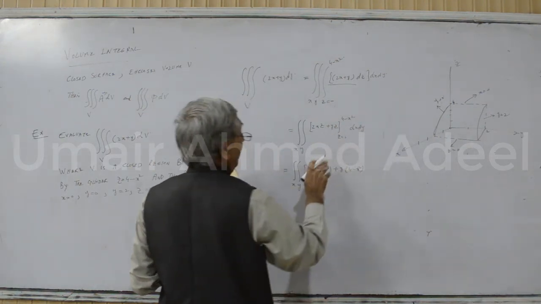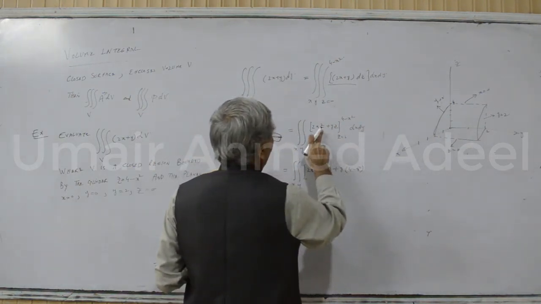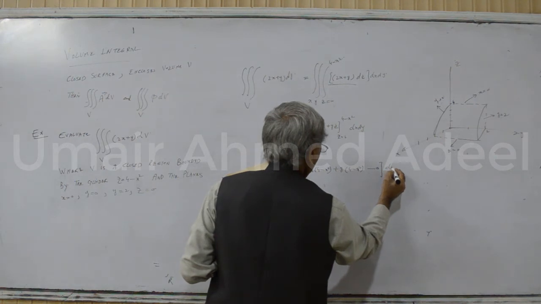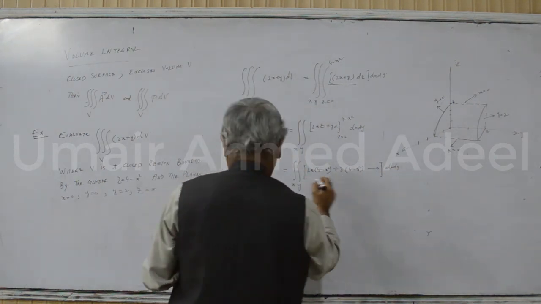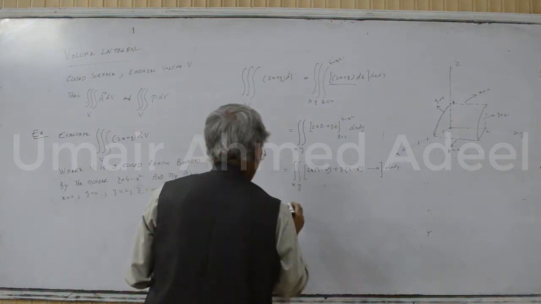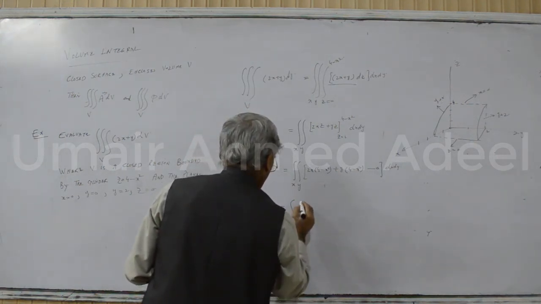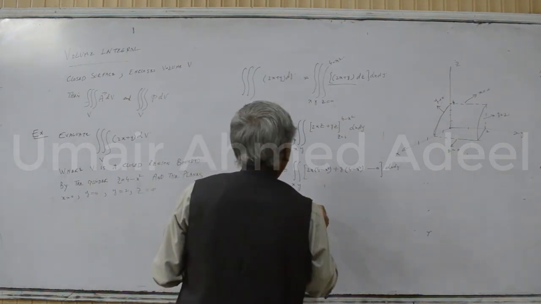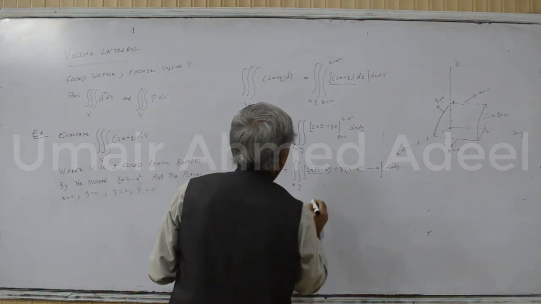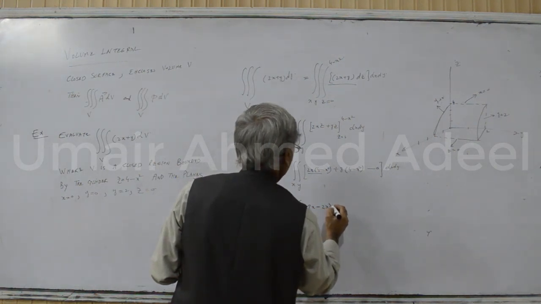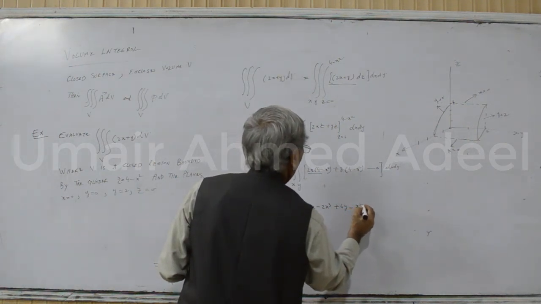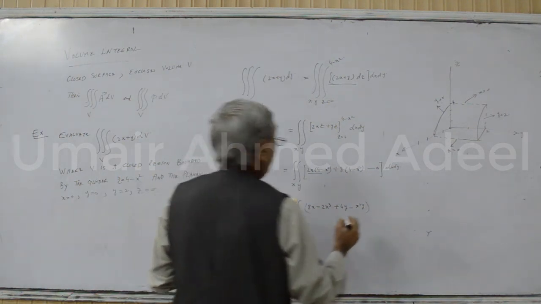This is the upper limit. The lower limit is z is equal to 0, so minus 0, no problem, dx dy. Simplify this, and what you have is 8x minus 2x cube plus 4y minus x square y, dx dy.